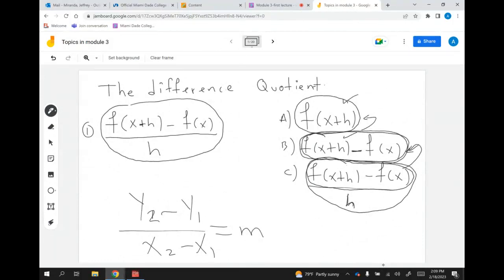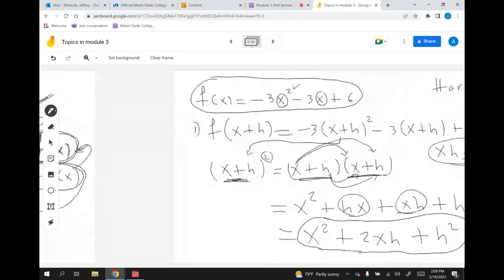This step, step B, the second step. I already did the first step, that was the most difficult part. So now I'm going to use the information that I got on step 1 when I'm doing step 2. The only new thing is that I'm going to subtract f of x right here. All right, here I go.